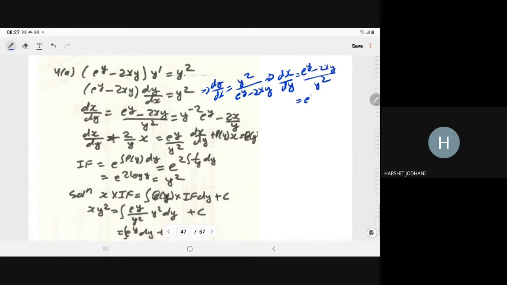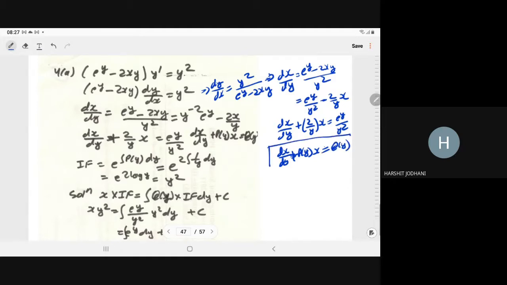So it will become e to power y upon y square minus 2 upon y into x, and that can be written as dx by dy plus 2 upon y x is equal to e to power y upon y square. That is dx by dy plus P(y) into x is equal to Q(y).